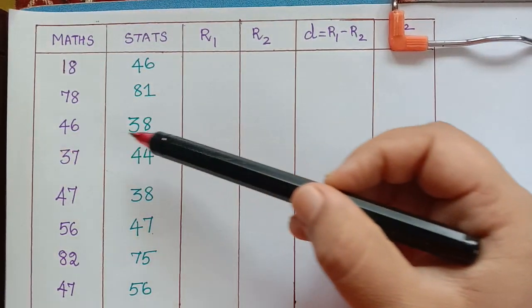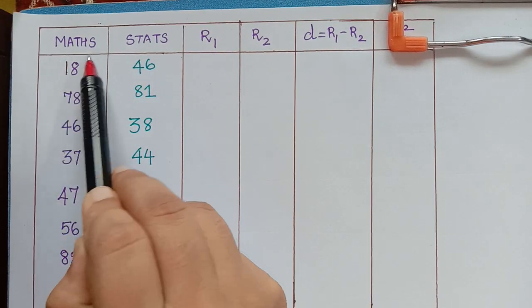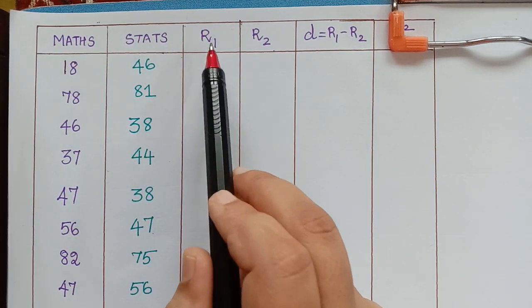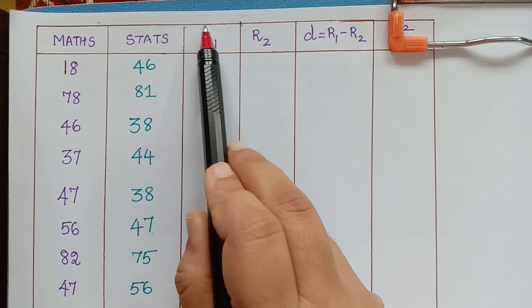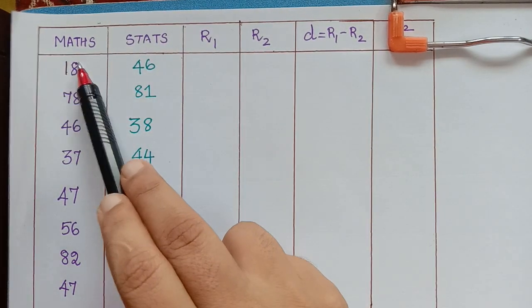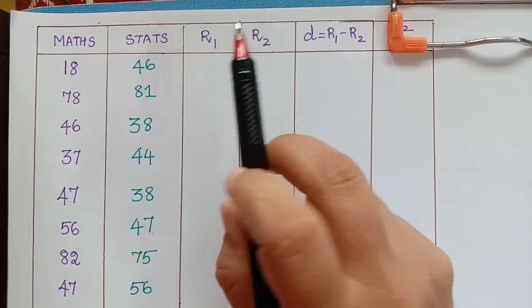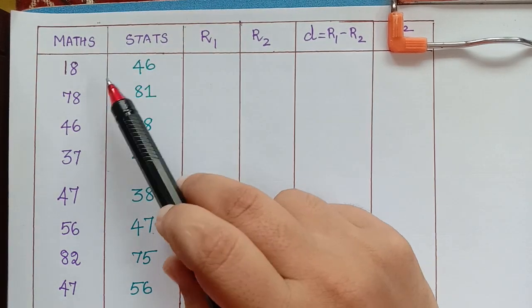Now these marks have to be ranked. The ranks for mathematics we will write in this column, represented by R1, and R2 represents the ranks of the students in statistics. Now let us start to rank these marks.